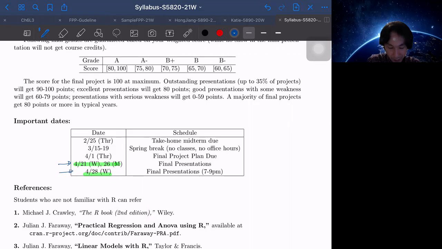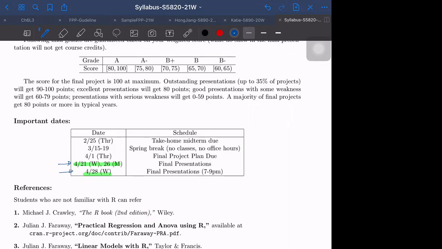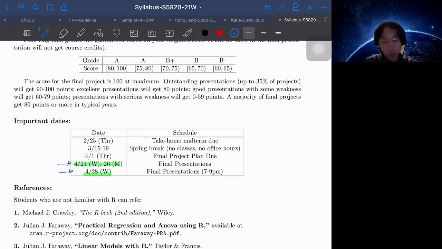The submitting deadline is just after the presentation. And you don't have to revise the presentation file even if you got comments during the presentation.